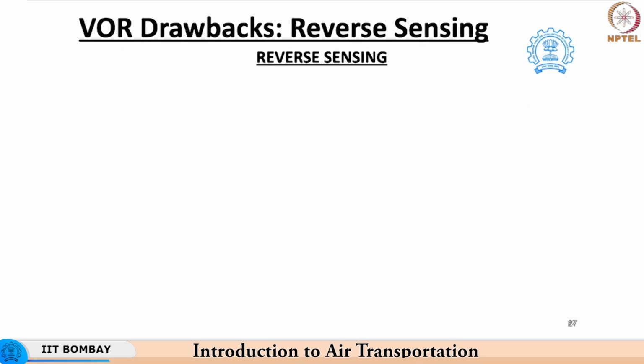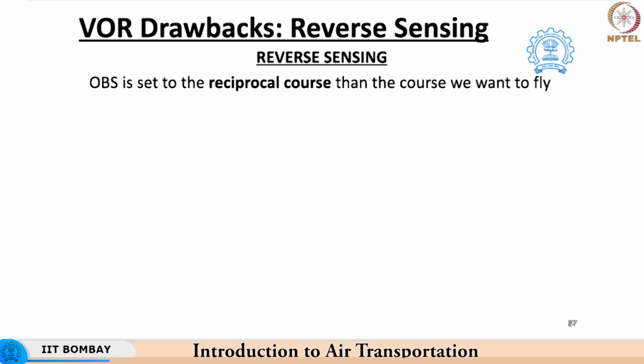The third anomaly related to VOR stations is called reverse sensing. This anomaly arises when the pilot has set the reciprocal of the course on the dial.